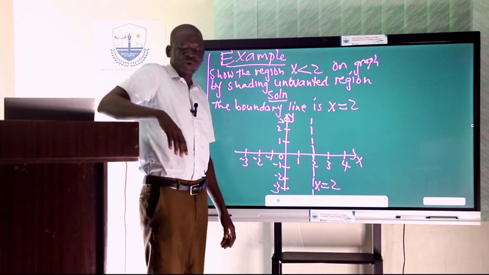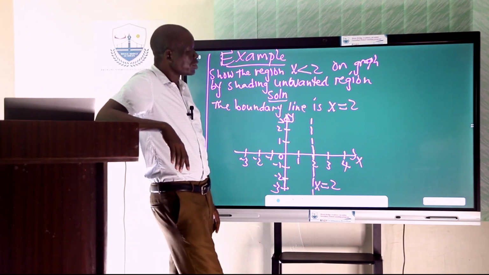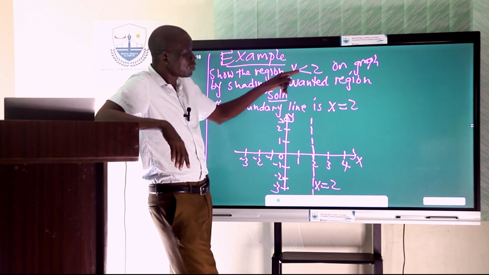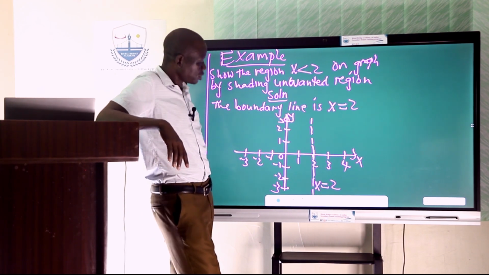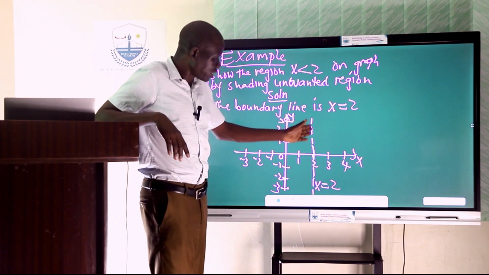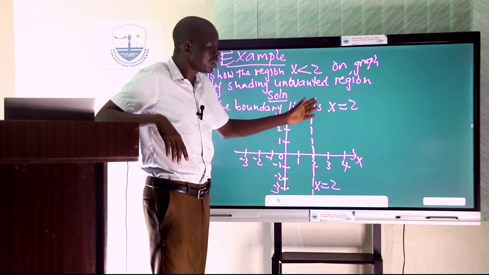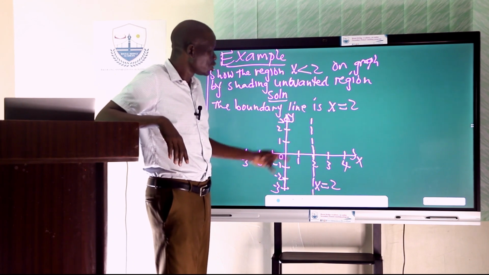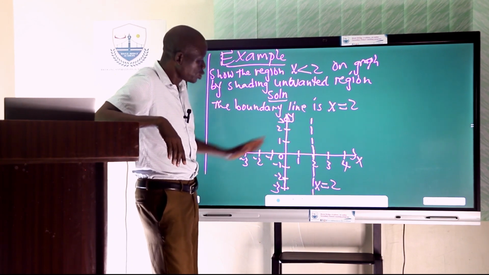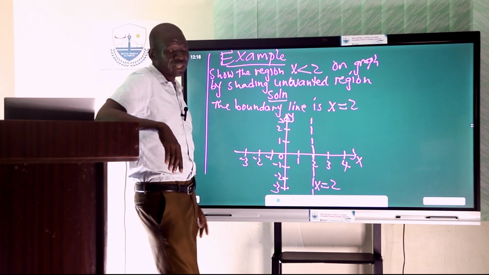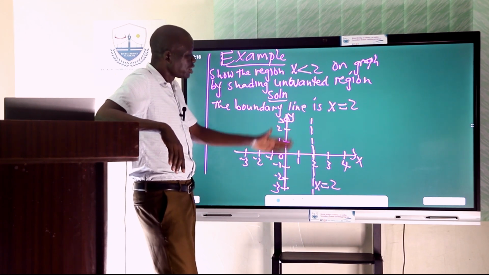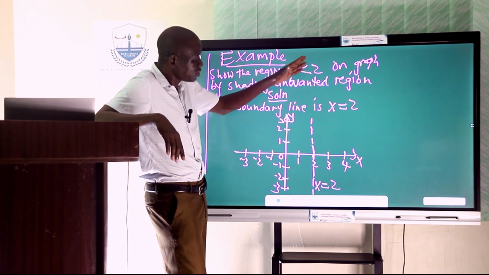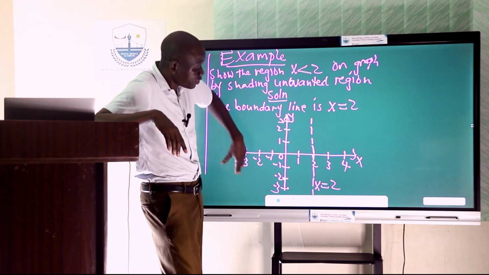After drawing that line, we look at the inequality symbol. The inequality symbol is less than. The region that satisfies the inequality x is less than 2 is on the left.